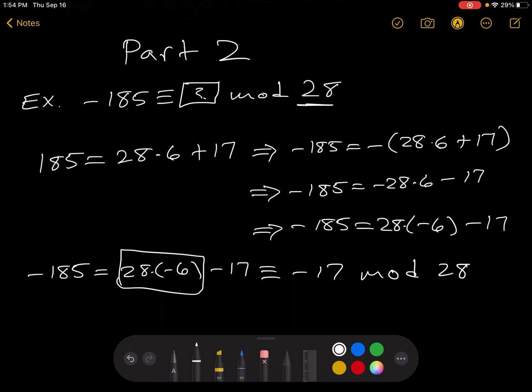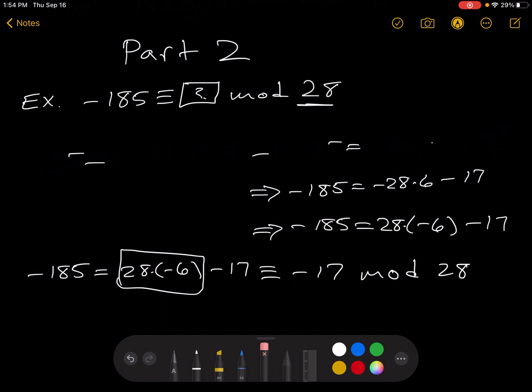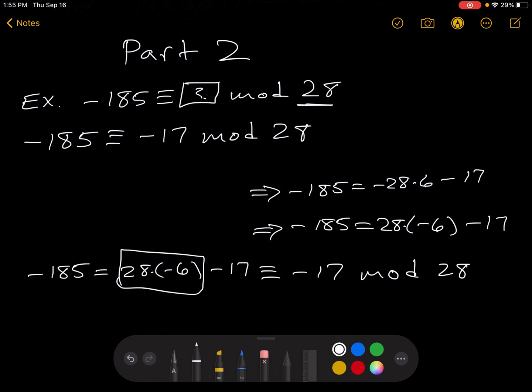Now that I know negative 185 is congruent to negative 17 mod 28, I can figure out what negative 17 is mod 28, and that'll be my answer.